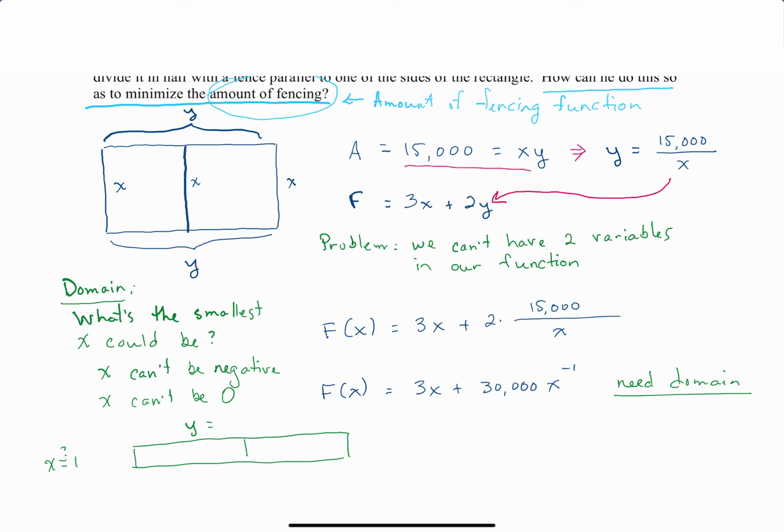So y would be 15,000 over 1, in other words, 15,000 feet. Now, this would not be a practical size for the field. Who would make a field that was 1 by 15,000? But mathematically, it could happen.